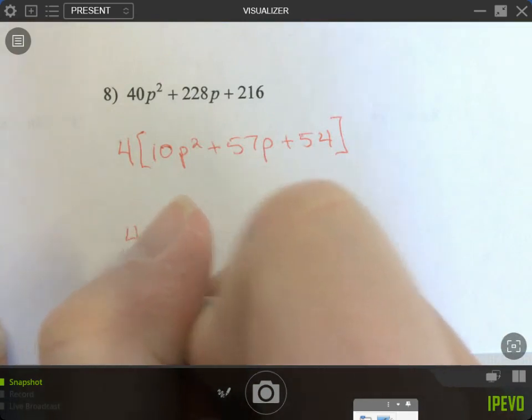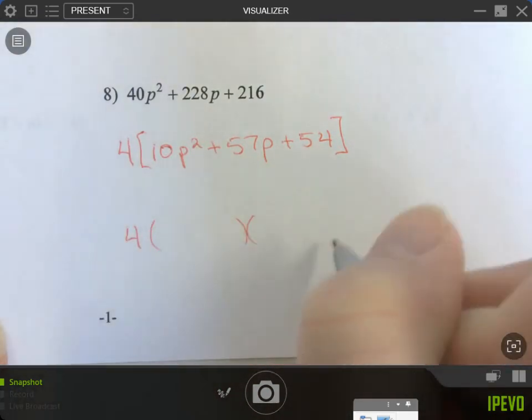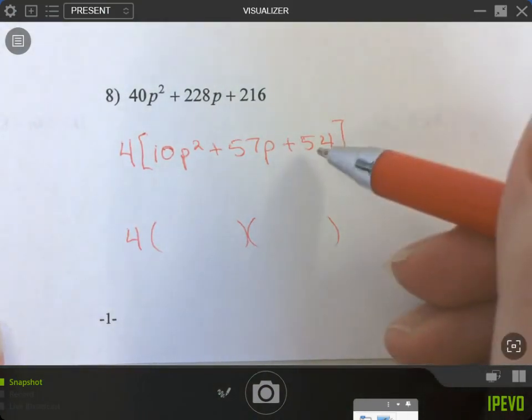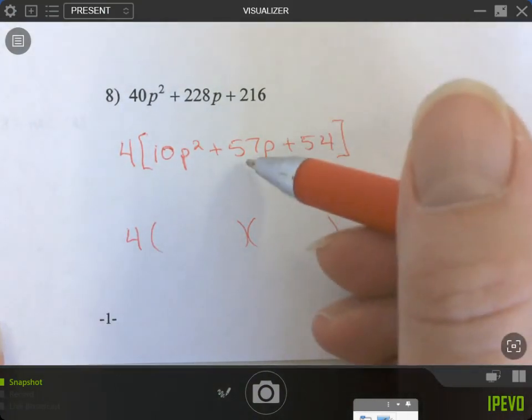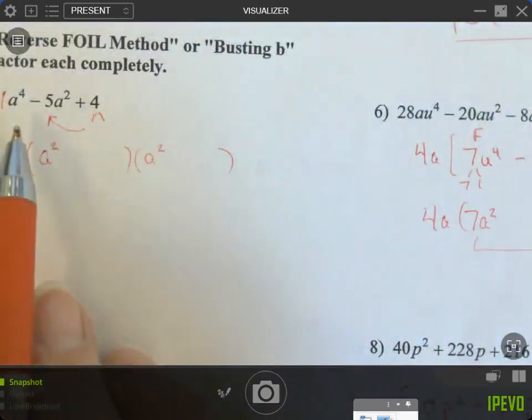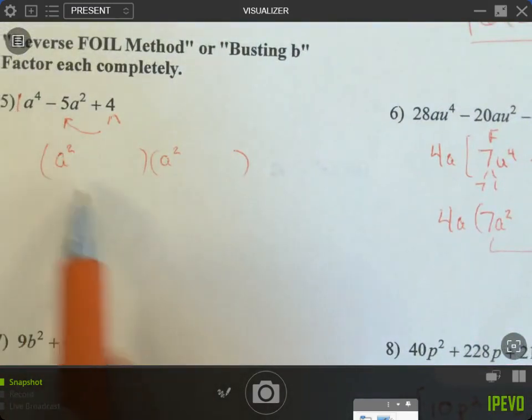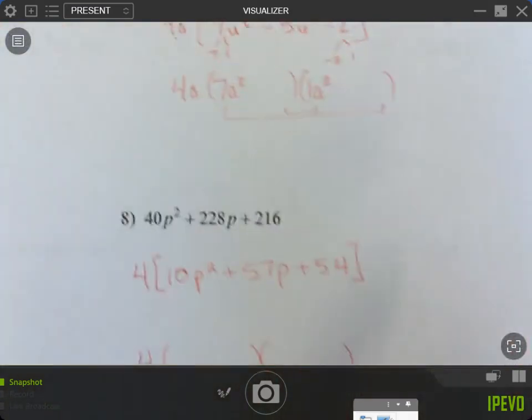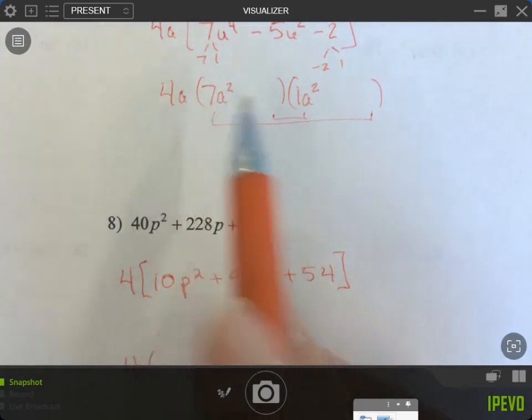I'm going to jump into trial and error, and I'm going to jump over to pencil. Now, here's the deal. My factors of 54 will not add up to 57 because this front term changes things. That rule only works when you have a value of 1 because it's 1 times your outside and 1 times your inside. So we have to consider that front number, how it changes things.